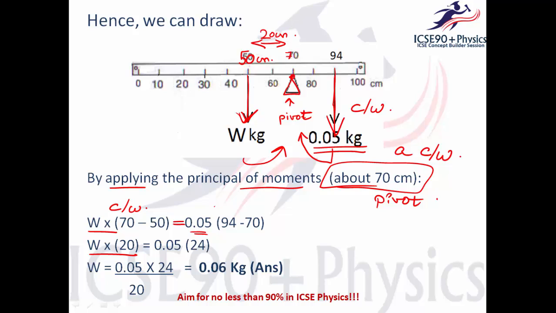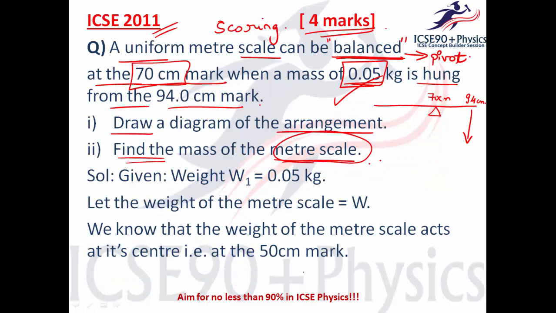As a result, the mass of the meter rule becomes W is equal to 0.05 times 24 upon 20, which is nothing but 0.06 kg. So that's going to fetch you 4 marks straight away, a very easy concept for one such question asked in ICSE 2011, right? It is a very scoring numerical indeed. So please remember this.